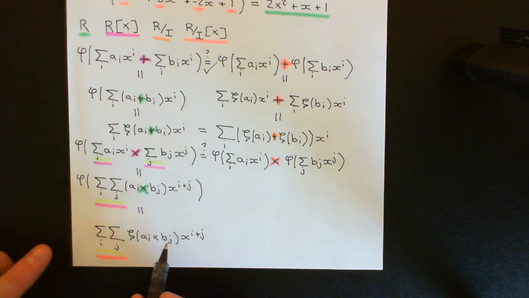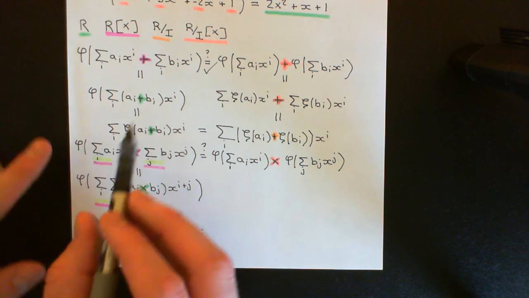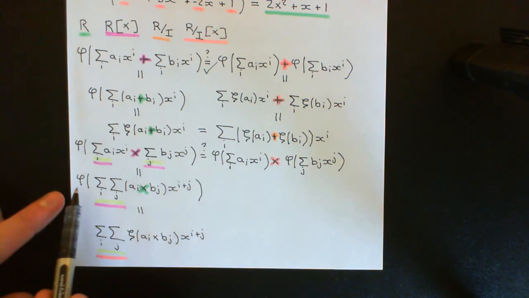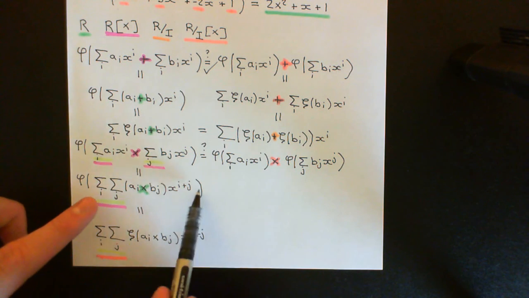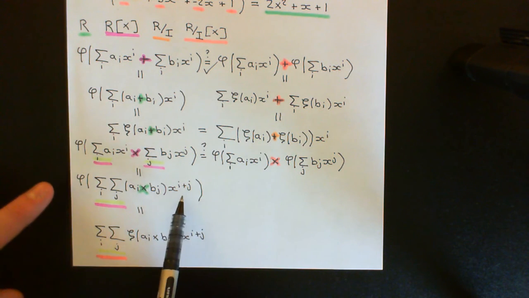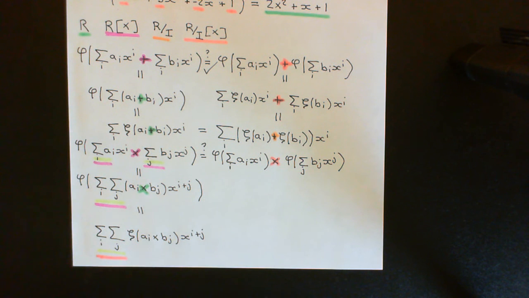but note that we have done two steps there. Firstly, we applied the fact that we have additive compatibility here to move the phi onto just the monomials that are in this great big sum here, and then we applied the fact that phi of a monomial is just zeta of the coefficient times x to the i plus j.